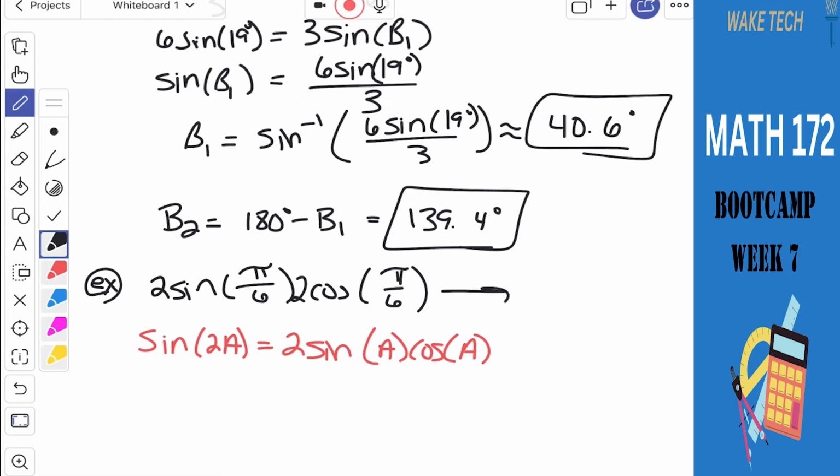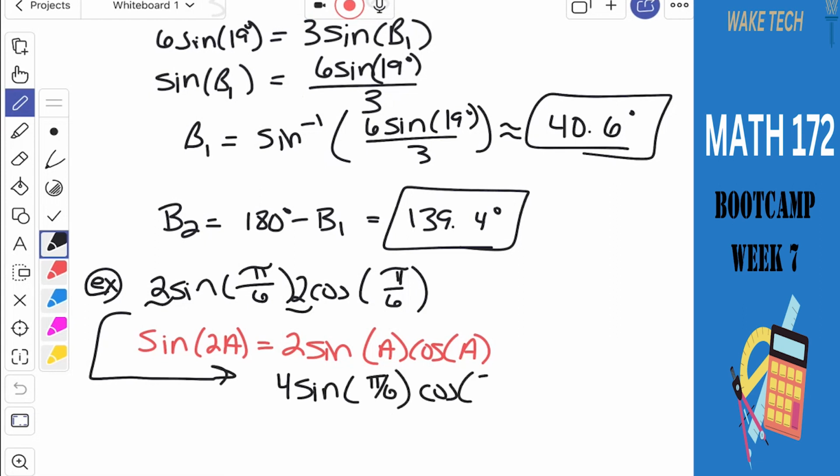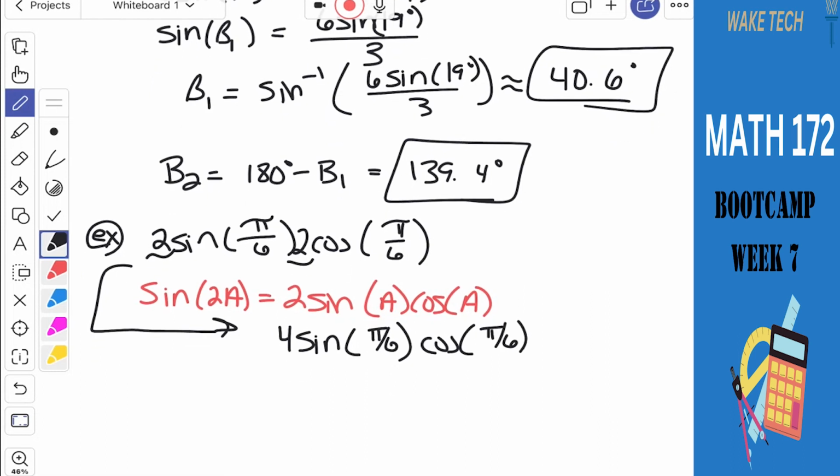I'm going to simplify it a little bit, only one thing. 2 times 2, we can rewrite that as 4. And then to make this exactly match the 2 sine a cosine a that I've written in red, I'm going to rewrite it as 2 times 2 sine pi over 6 cosine pi over 6.